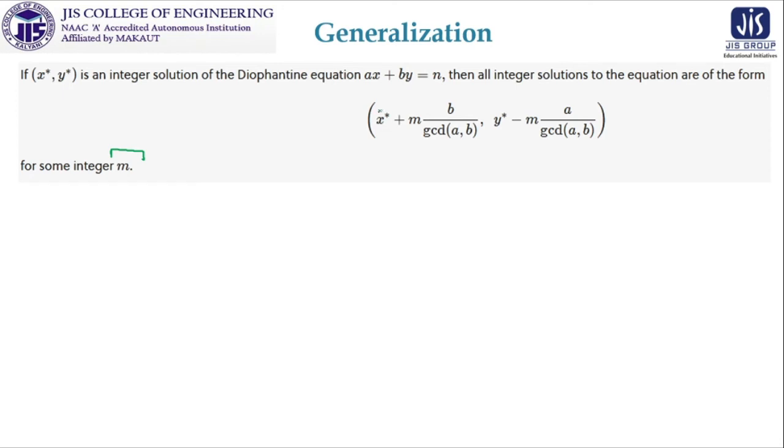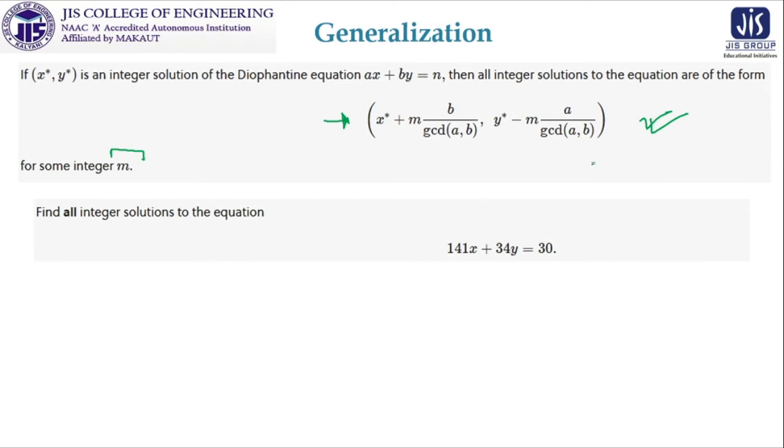And the solutions are x star plus m into b by GCD of ab, and y star minus m into a by GCD of ab. You can test this by taking any problem, first finding the solution and then checking whether this general structure is applicable or not. You will get that it is applicable.